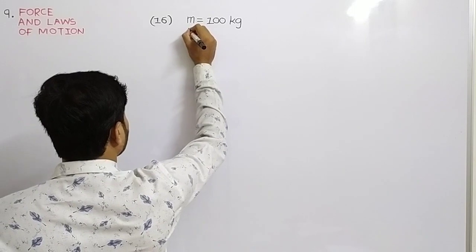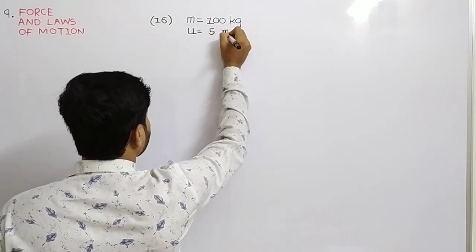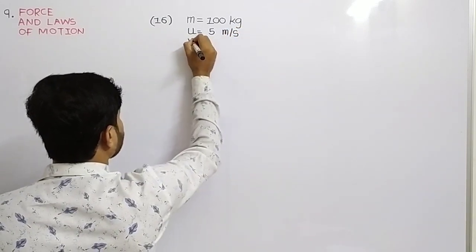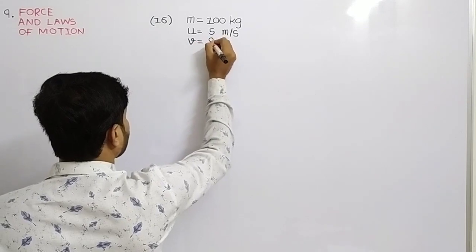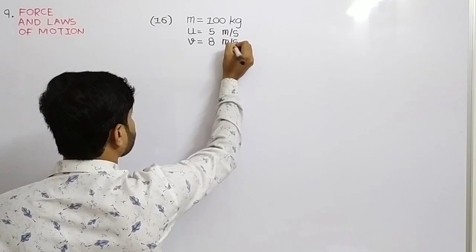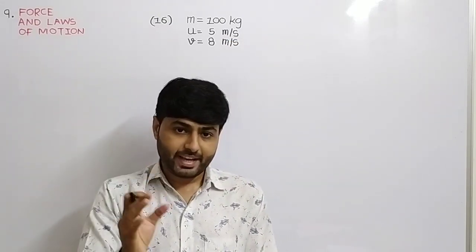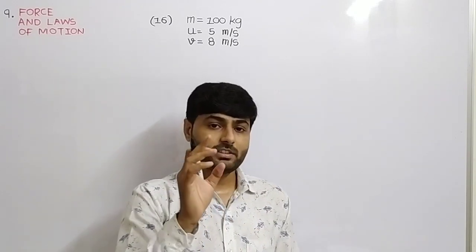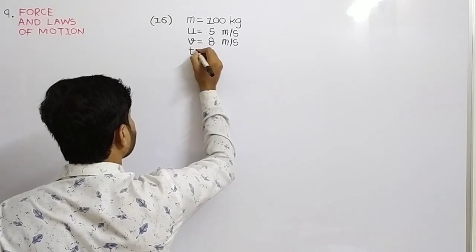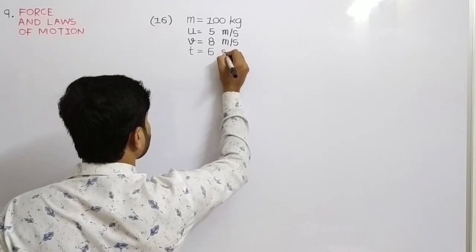Initial velocity U is 5 meter per second, and final velocity V is equal to 8 meter per second. To gain this velocity, it requires 6 seconds of time. So we have T is equal to 6 seconds.